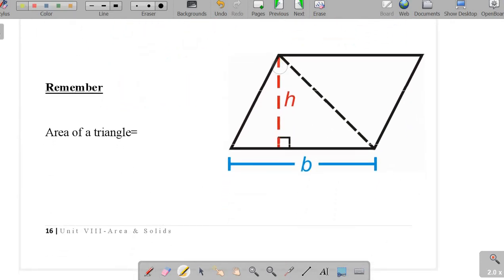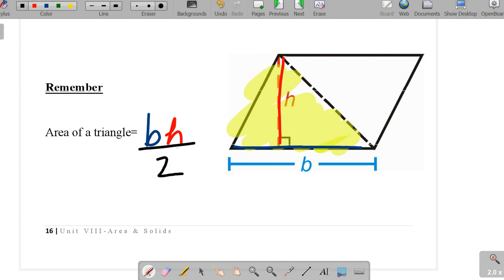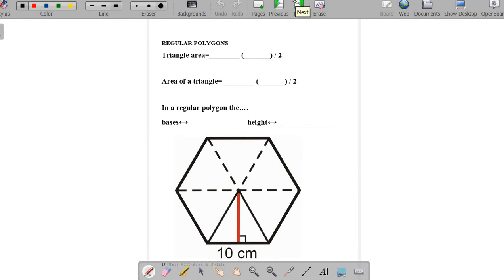Just to recap, basic triangle definition, area is going to be the base of a triangle times its height over 2. So your area of your triangle is going to be base times height over 2.